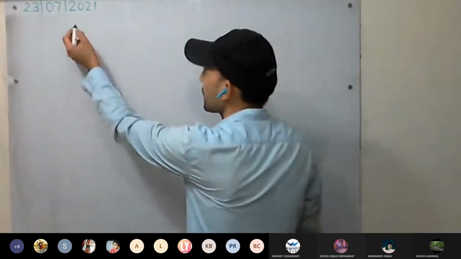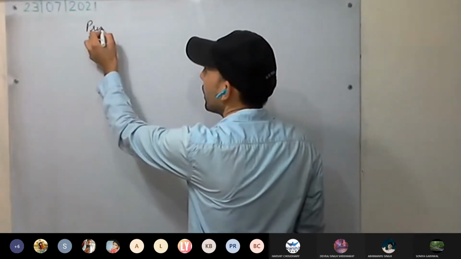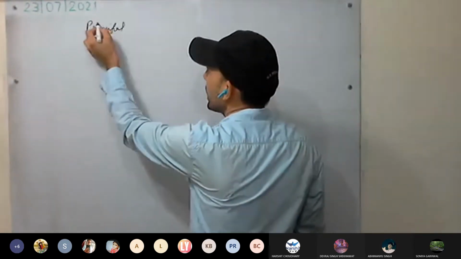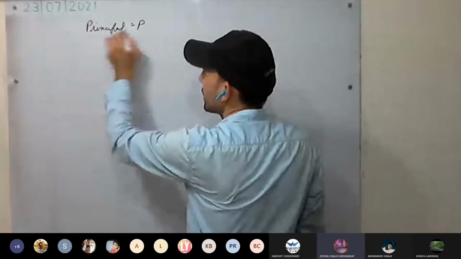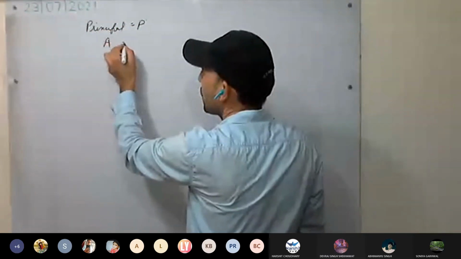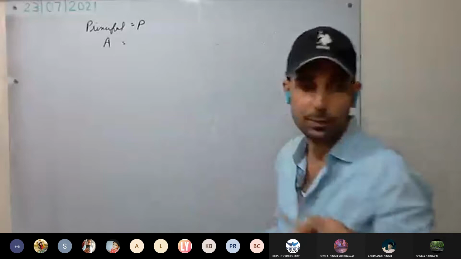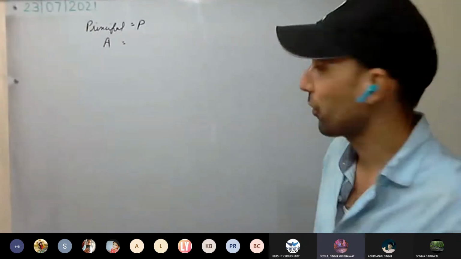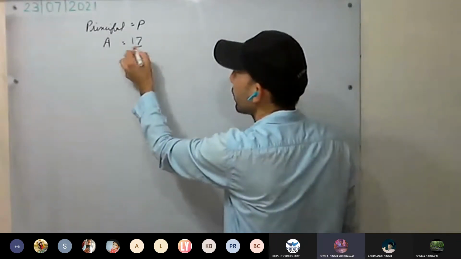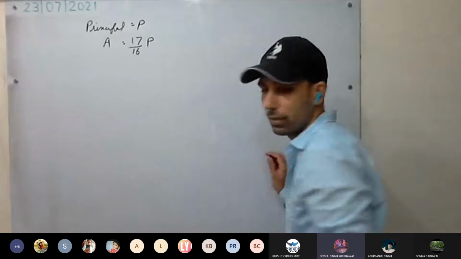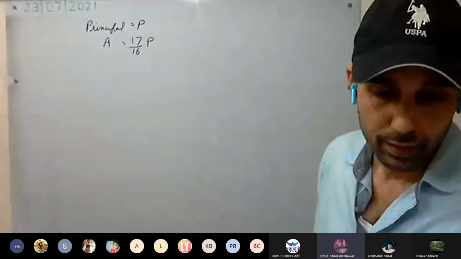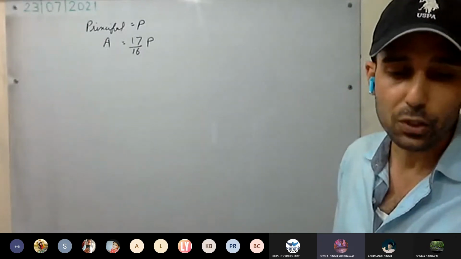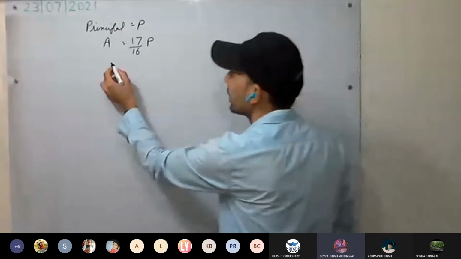Okay, so let the principal be P. Amount will be how much? Amount A equal to 17 upon 16 of itself. So amount will be 17 upon 16 P. And time is given, 2 years, 6 months.